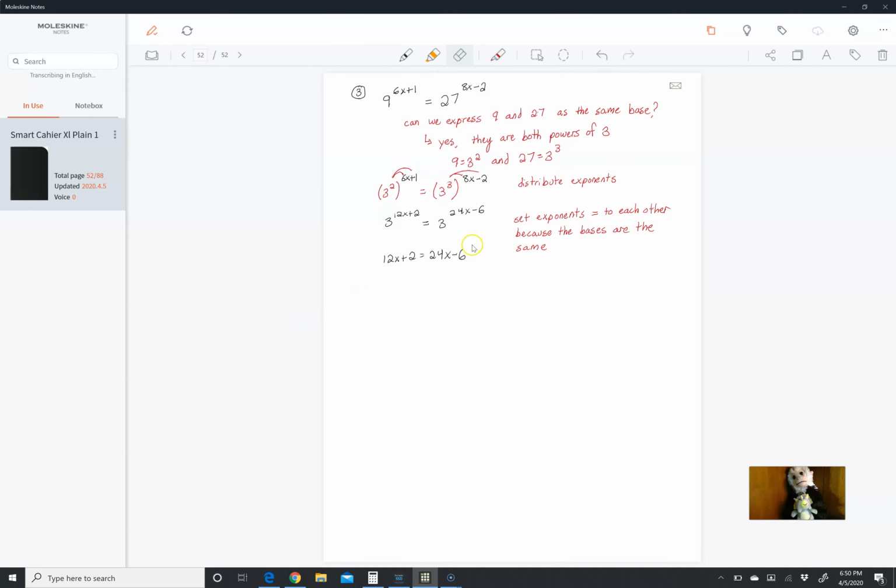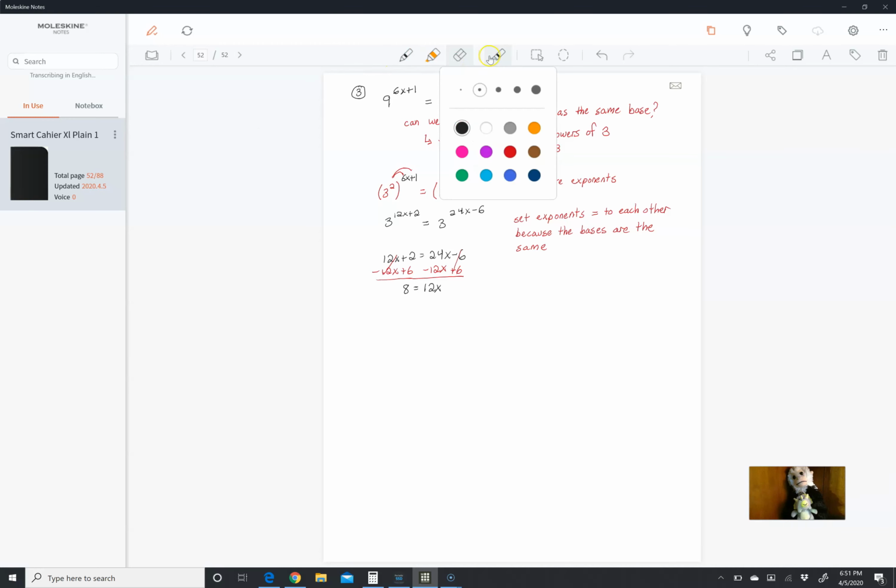So we can subtract 12x from both sides. That moves it over to the right side. And then our x is on the right, so we're going to move our 6 by adding it to both sides. We're going to move that to the left. And that gives us 8 is equal to 12x.